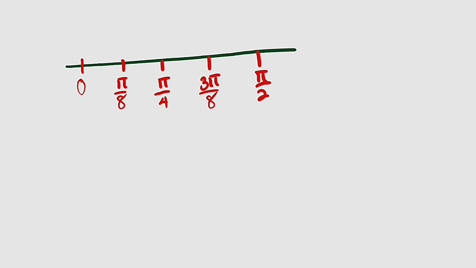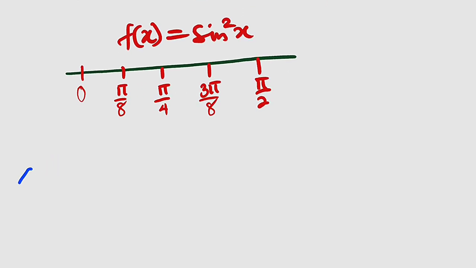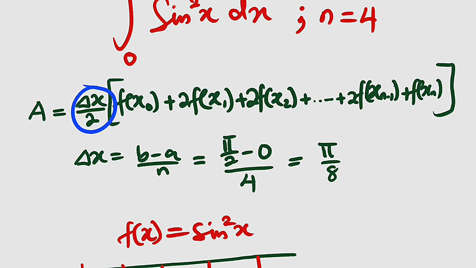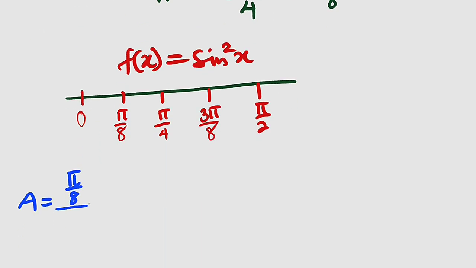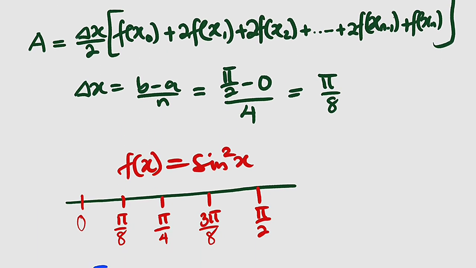So now let us substitute everything into our formula. Remember, our function is f of x equal to sine squared x. So we have our area equal to delta x, and delta x is what? Pi over 8. I remember that delta x will have to be divided by 2. Then you multiply by f of x naught.